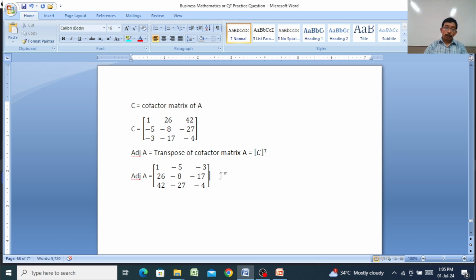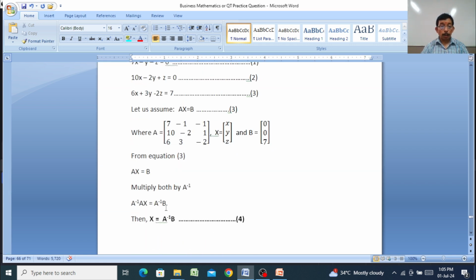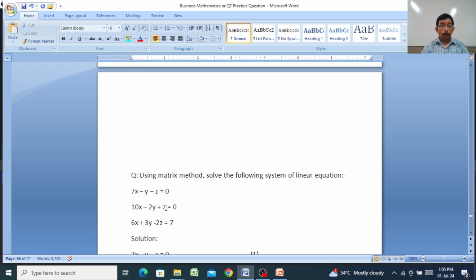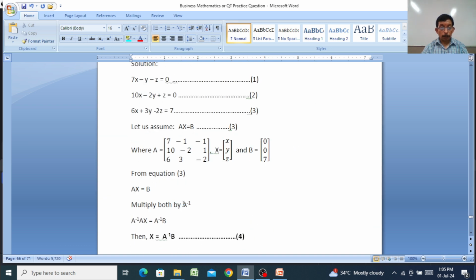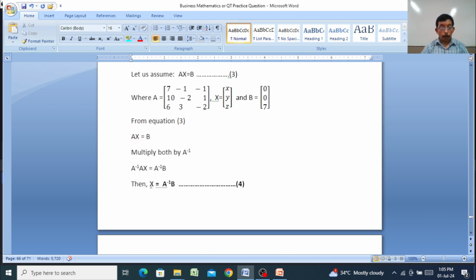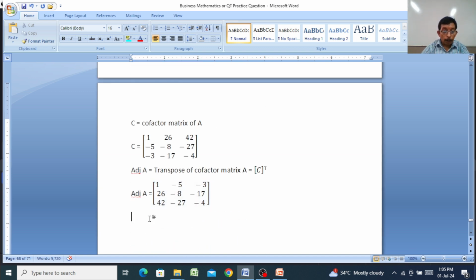Now we find the A inverse. The formula of A inverse is from equation 4.